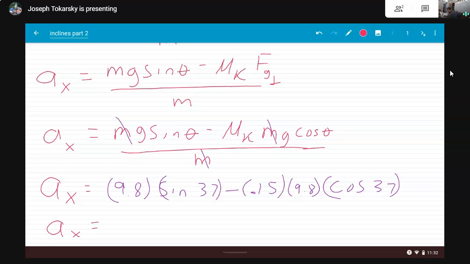Running those numbers, I get an acceleration of about 4.72 meters per second squared, down the incline, because positive was defined as down.